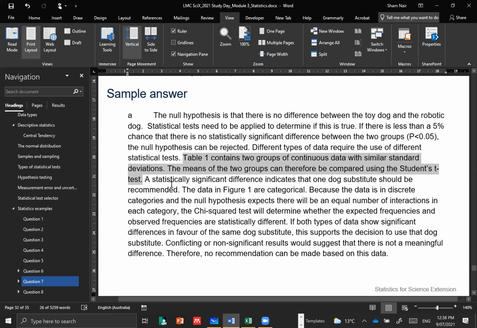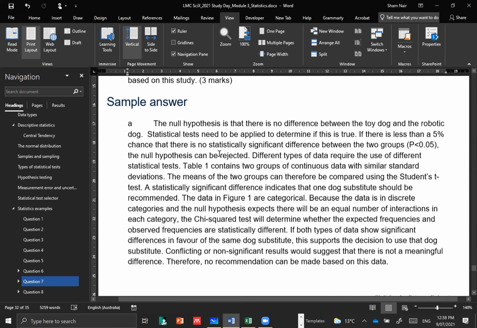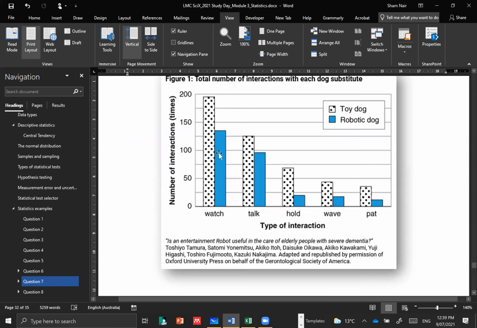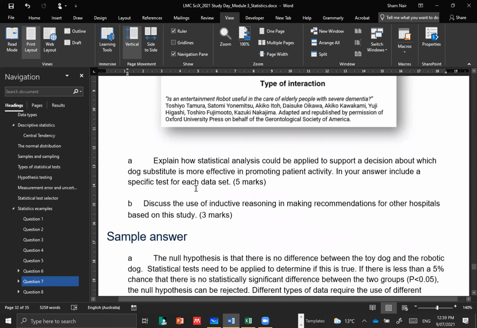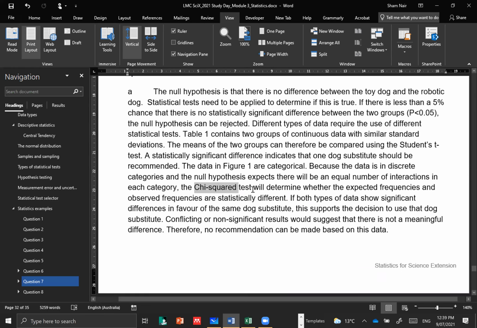See, that's what that flowchart tells us as well. But the second data, which is this one here, if you look at this variable here on the x-axis, watch, talk, hold, wave, pat, that's qualitative data. Nominal qualitative data. And remember I said with qualitative data, there's only one test you need to know. And you see that here in the sample answer.